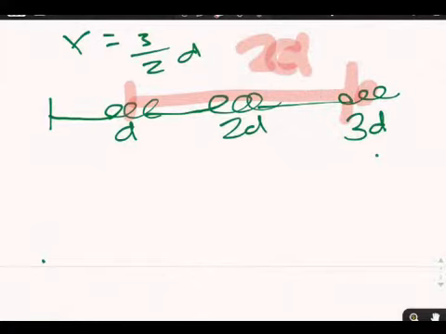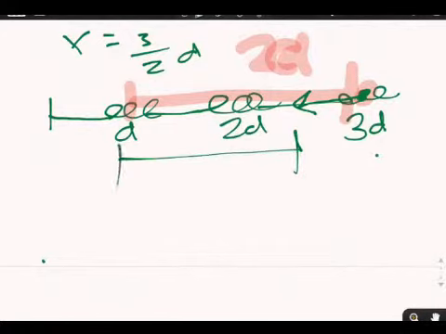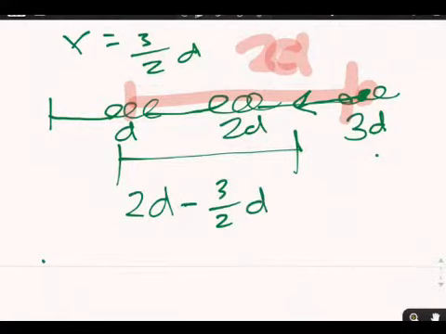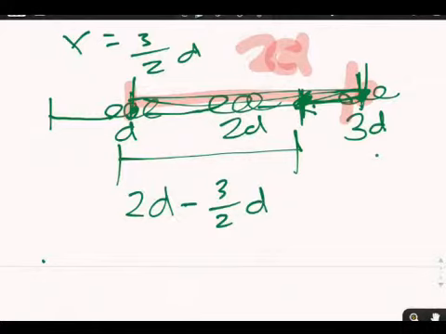So that means that if it traveled 3/2 d away from 3D, then in relation to equilibrium, it's actually 2D minus 3/2 d. And that's because it's 2D, the distance that it was away, minus the distance that it traveled, tells you how far away you are now from the equilibrium position. So this equals 1/2 d. And that's the position in relation to equilibrium that you now are at.